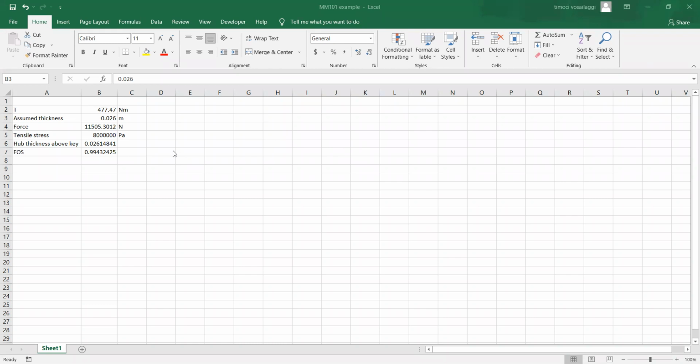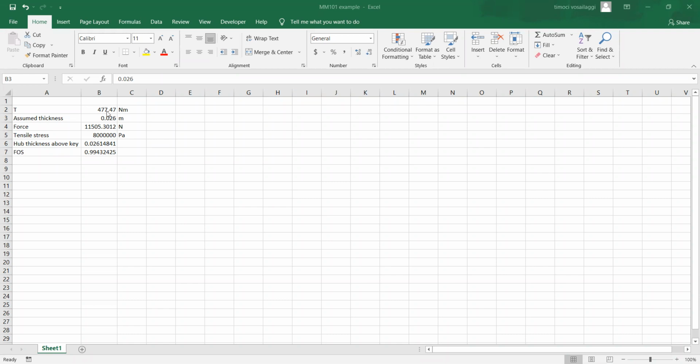But you could also do this using Excel. If you're familiar with doing calculations in Microsoft Excel, it's a great asset to you as an engineer, because Microsoft Excel is probably the most used tool in any engineer's toolbox. It's a powerful tool and very versatile.